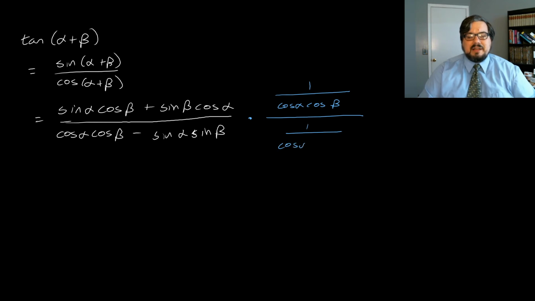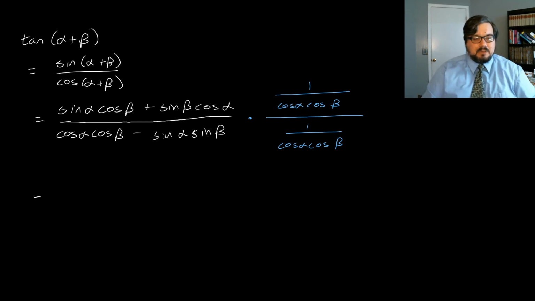And we want to do that because tangent has cosine as its denominator when you express it in terms of sine and cosine.